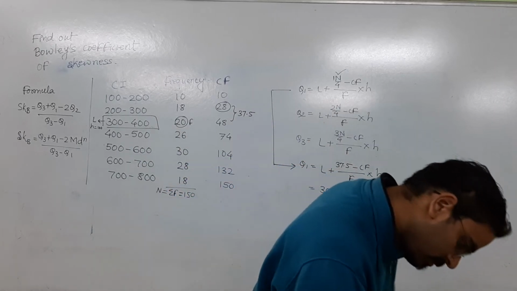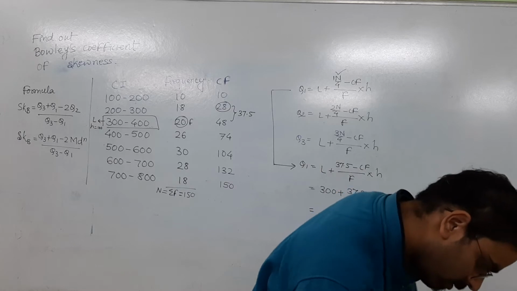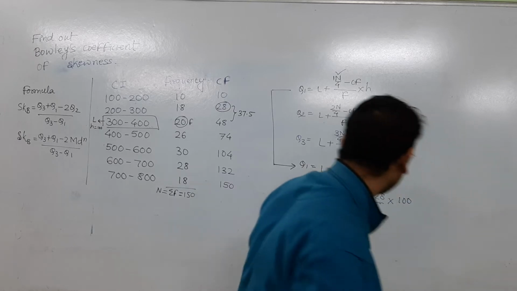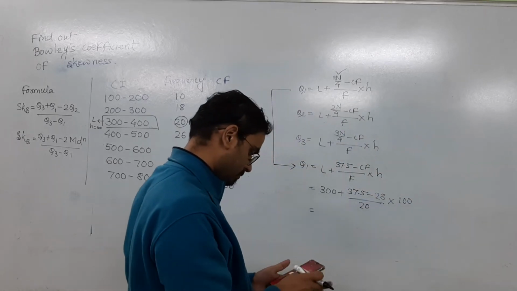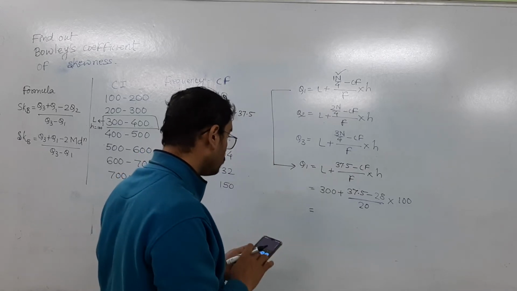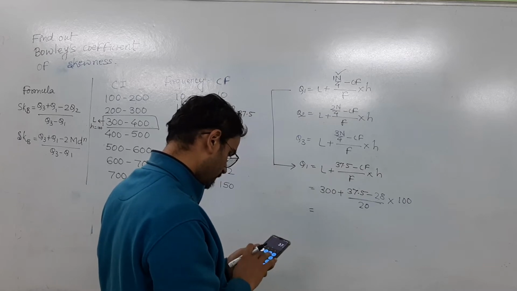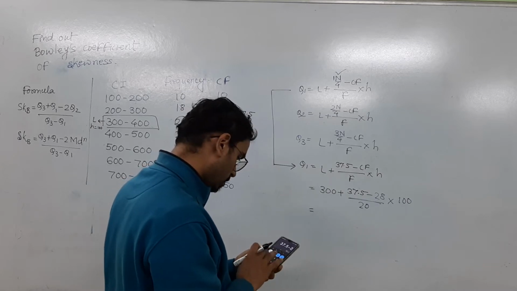Q1, just find it out. I will make the calculation here. Let's find out. 37.5 minus 28.